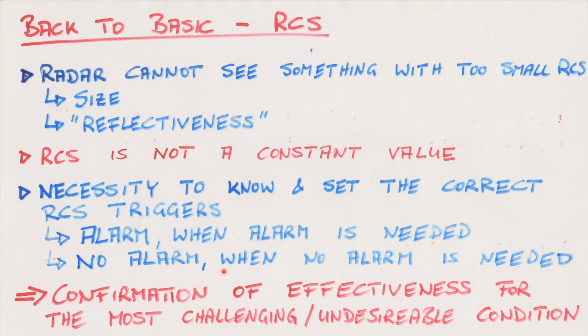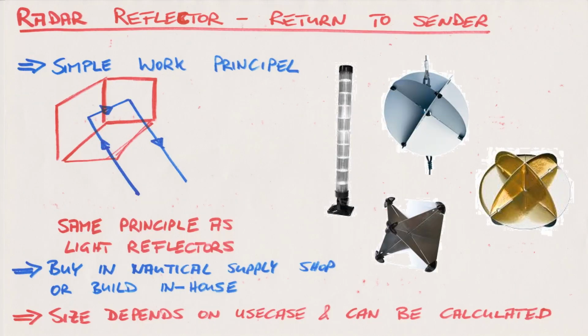The question is, how can I succeed in confirming the effectiveness of the radar system in our conditions, in our mine-specific environment? And here a solution is, again, quite simple: to use a radar reflector.